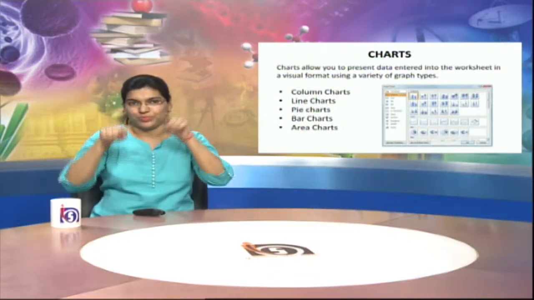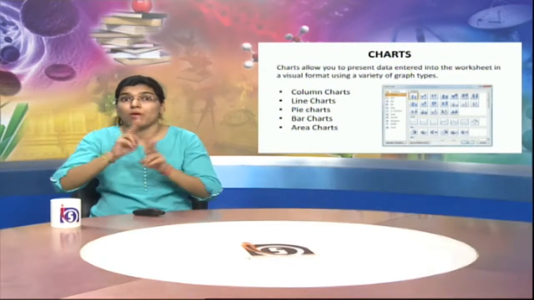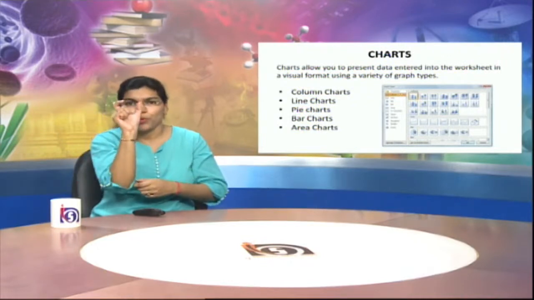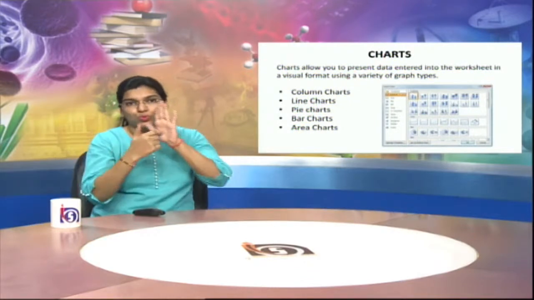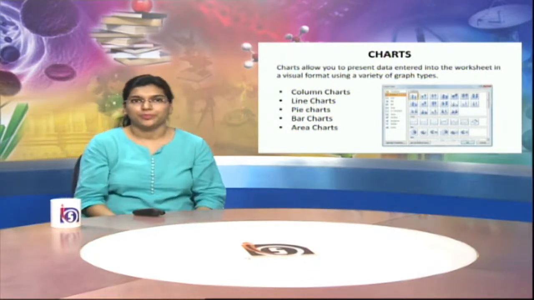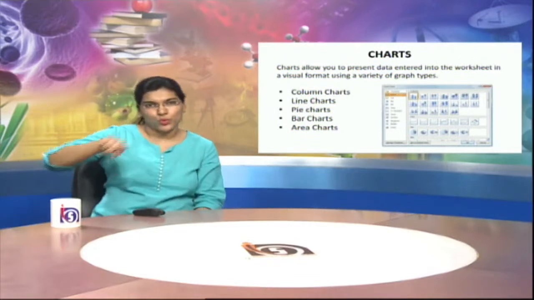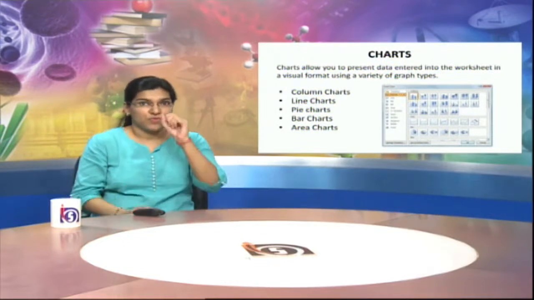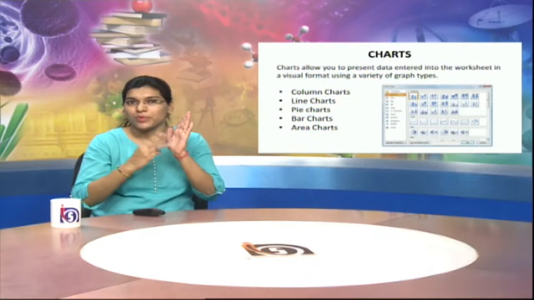Now we will talk about charts. Charts are really different types, and they allow you to present data in different formats in the worksheet. You can see on the screen. So you all have seen there are different kinds of charts. The first is column chart.